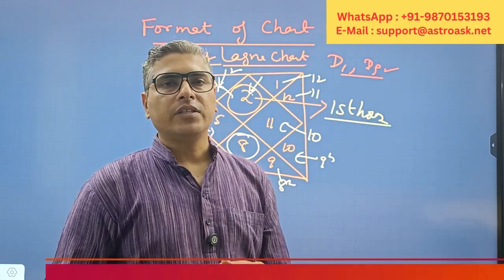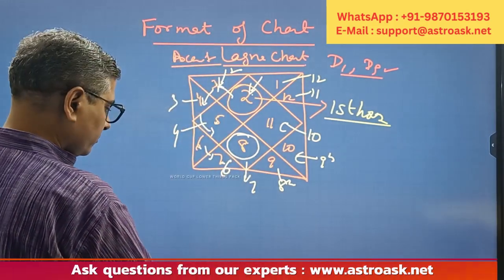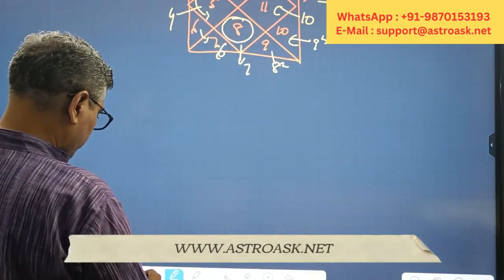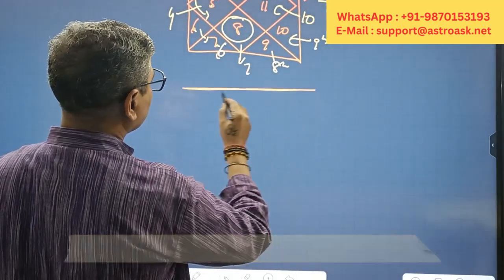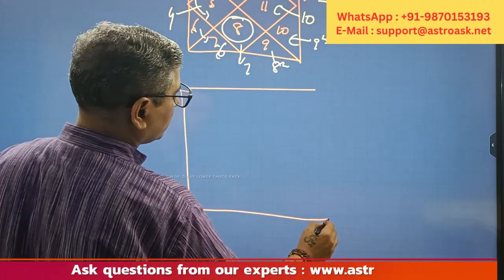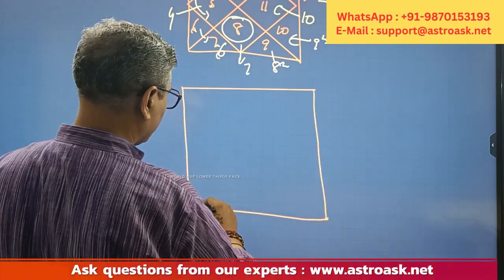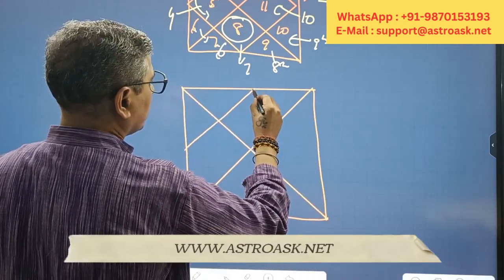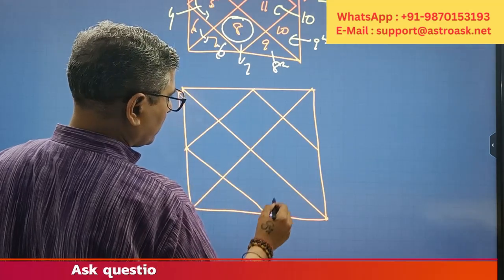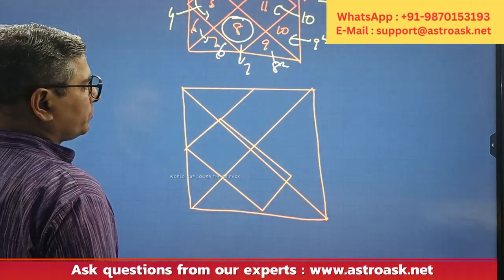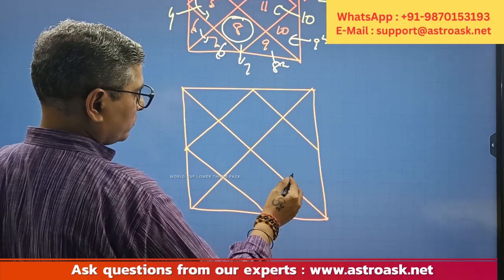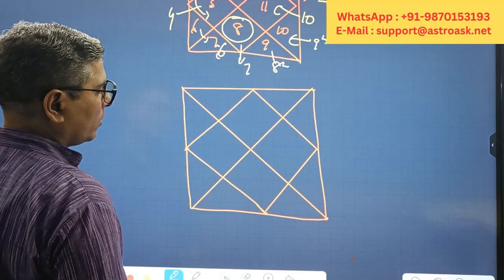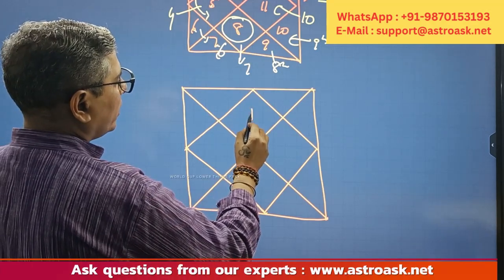Now let's understand with another example here. So this is another birth chart. So if we write, let us say, one number here.